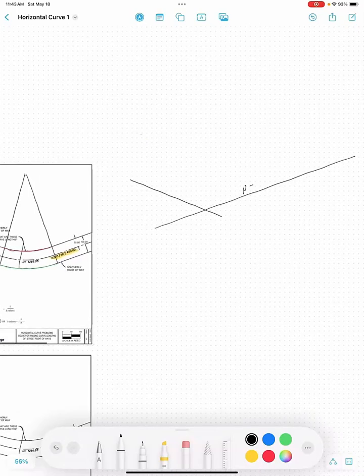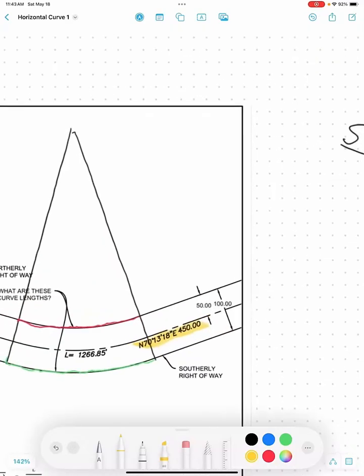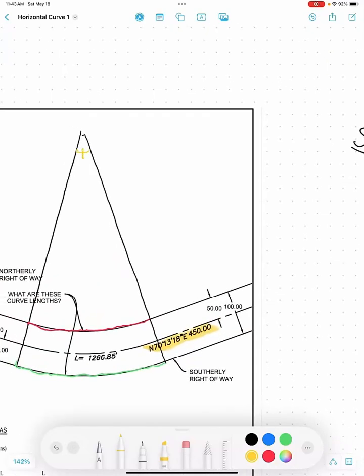So we have north 70 degrees, 13 minutes, 18 seconds East. And then we have south 73 degrees, 35 minutes, 44 seconds.